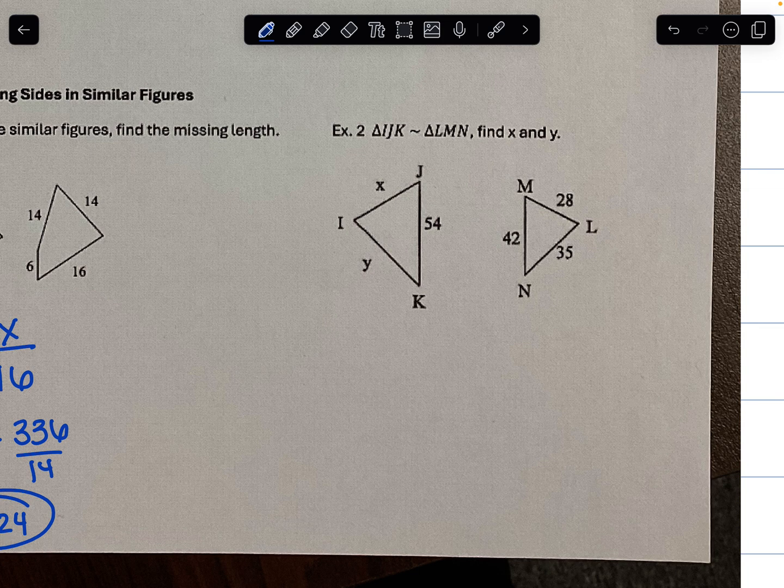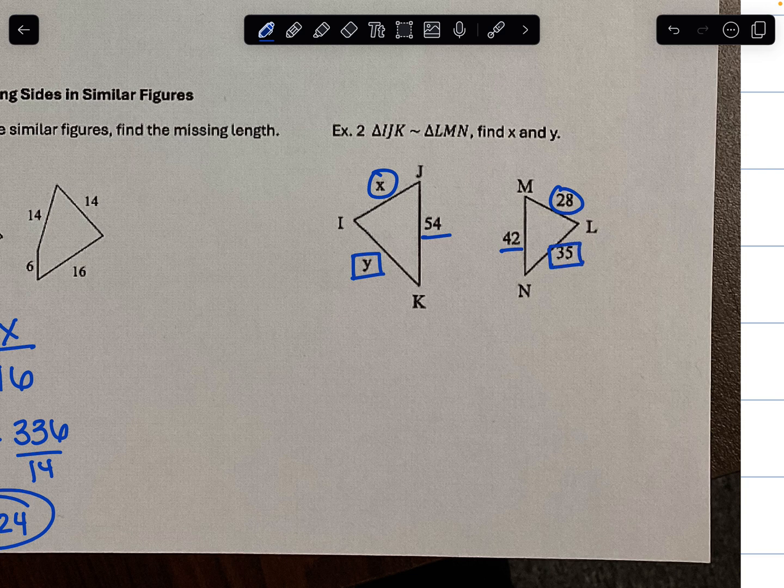J-I and M-L. J-I and M-L, I agree with. So let's circle both of those. Okay. What else? Good. Let's just underline those 2, JK and MN, which means our last ones have to be proportional, IK and NL.